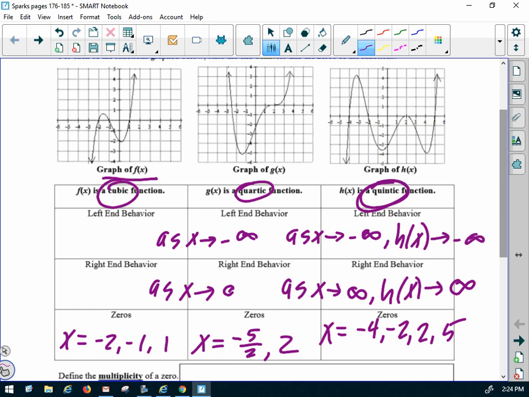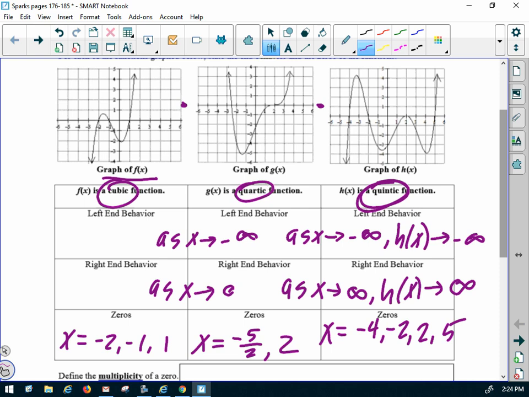Okay. Here's the issue. If I have a quartic, a degree 4, I put in a big positive number. And I put in the same big number, but it's negative. And I have a degree 4. Am I going to get the same answer, or am I going to get opposite answers? Same, because if I raise a negative number to an even power, I get a positive answer.